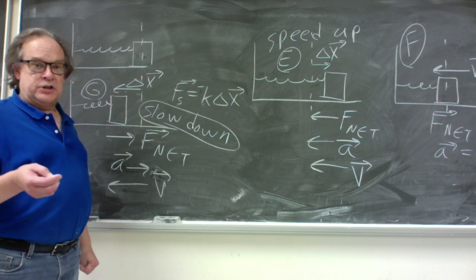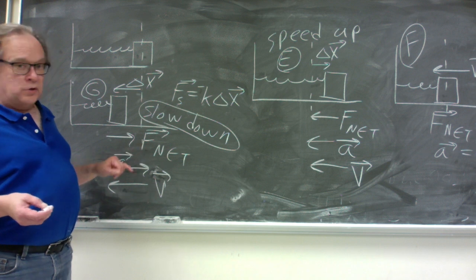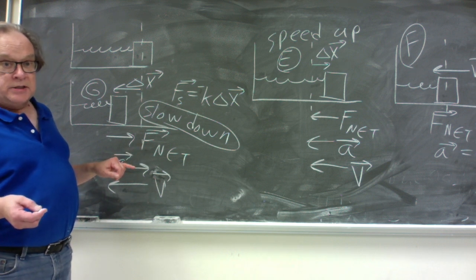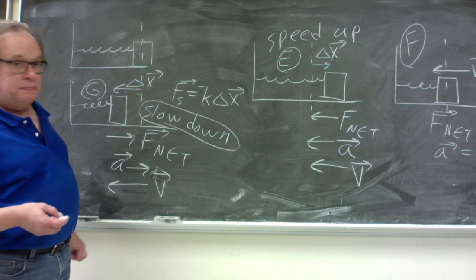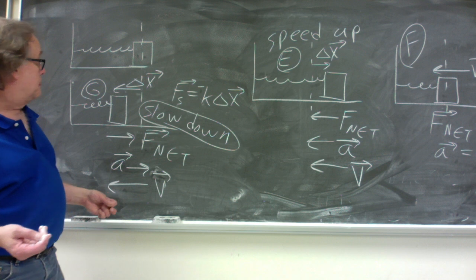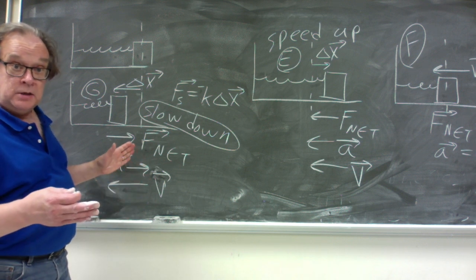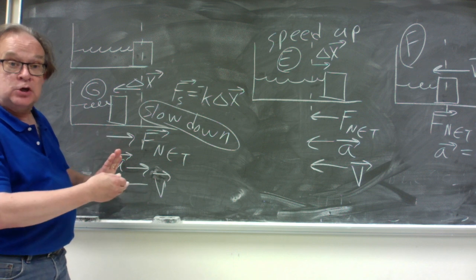One thing to notice here, our net force in this case is nothing but the spring force, and that net force is then a restoring force, because it's always going to be either pushing or pulling the mass back to equilibrium.